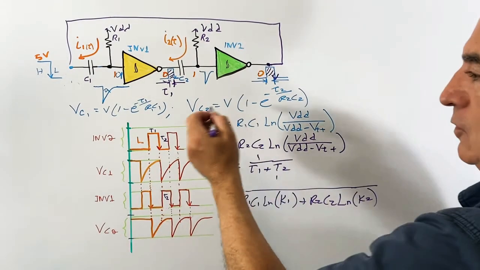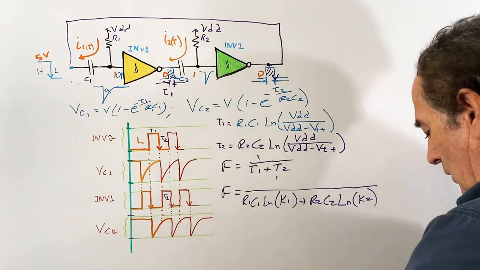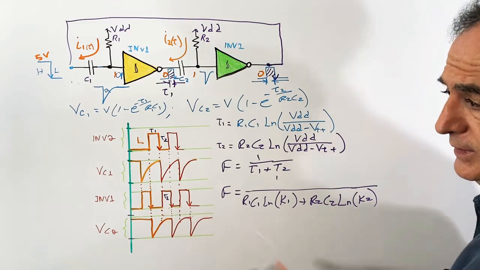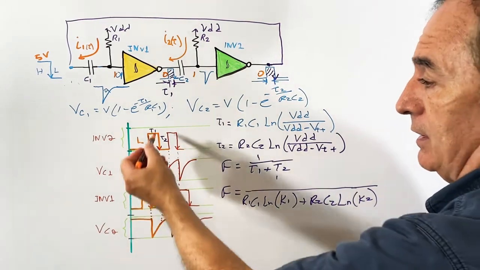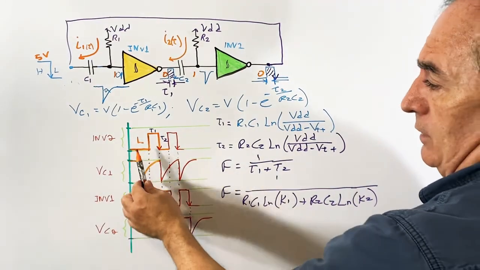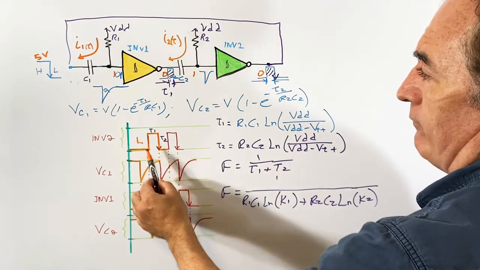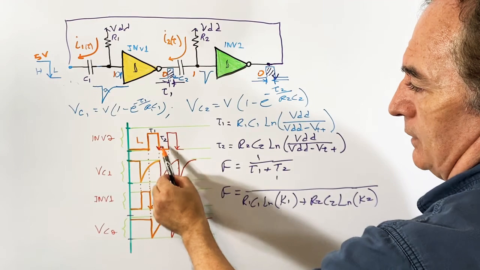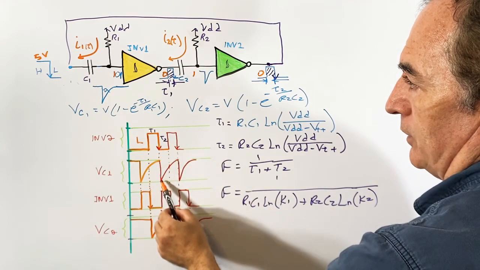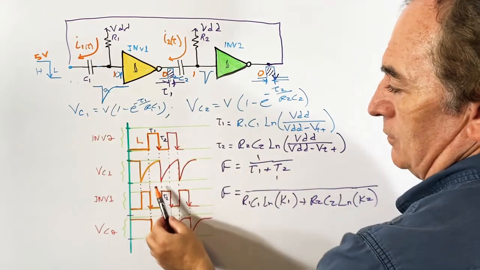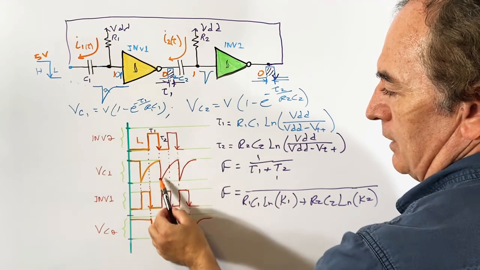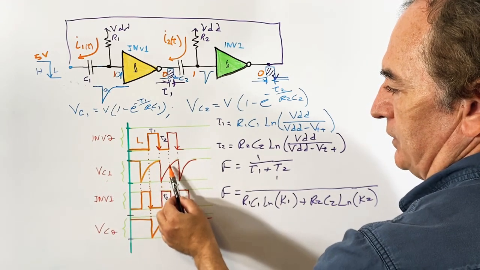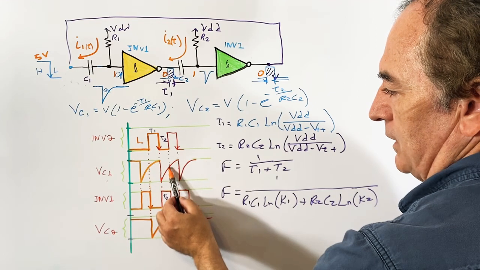So how the circuit works as an oscillator is defined in this timing diagram. When inverter 2, this one, goes down, it triggers the first one. So this is the voltage across capacitor 1, VC1, and then the capacitor charges until it reaches the positive trigger threshold.